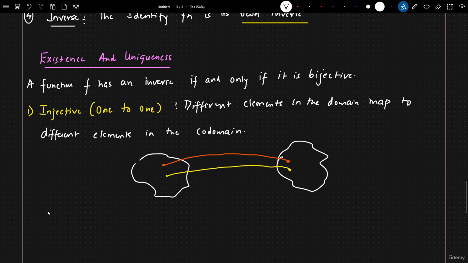The second important thing that you have is something called surjective. Surjective basically means onto.